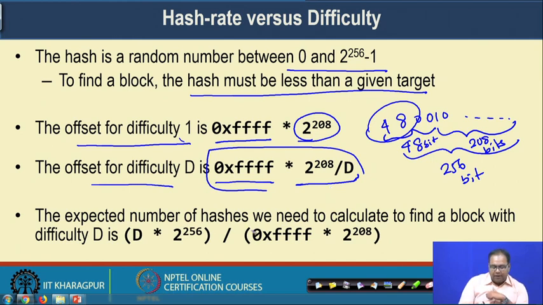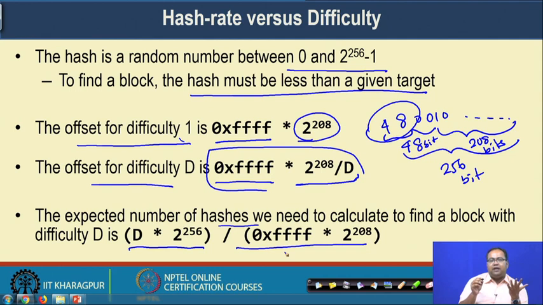So, the expected number of hashes we need to calculate to find a block with difficulty D is equal to D into 2 to the power 256 divided by this offset. So, that means it comes to be D into 2 to the power 48 divided by this offset value.